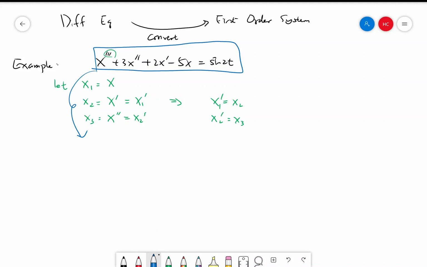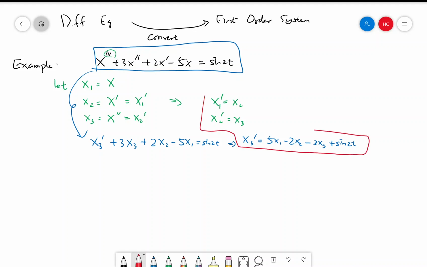The third derivative of x is x3 prime, plus 3 times x double prime, that's x3, plus 2x prime, that's x2, minus 5x, that's x1, equal to sine 2t, which means x3 prime equals 5x1 minus 2x2 minus 3x3 plus sine 2t. So this is a first order system after conversion.